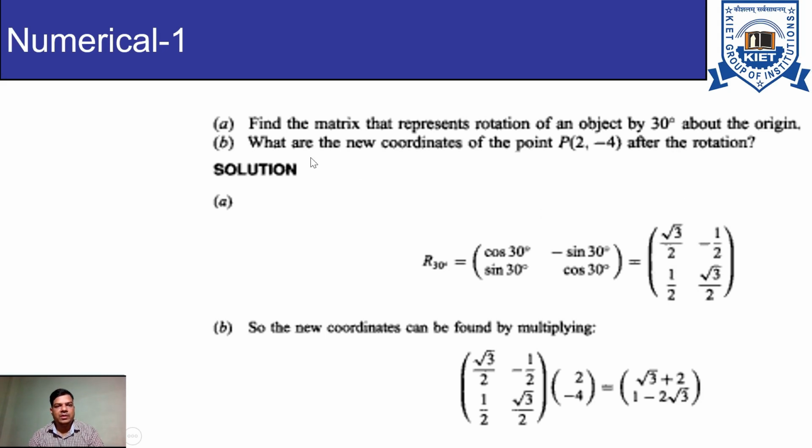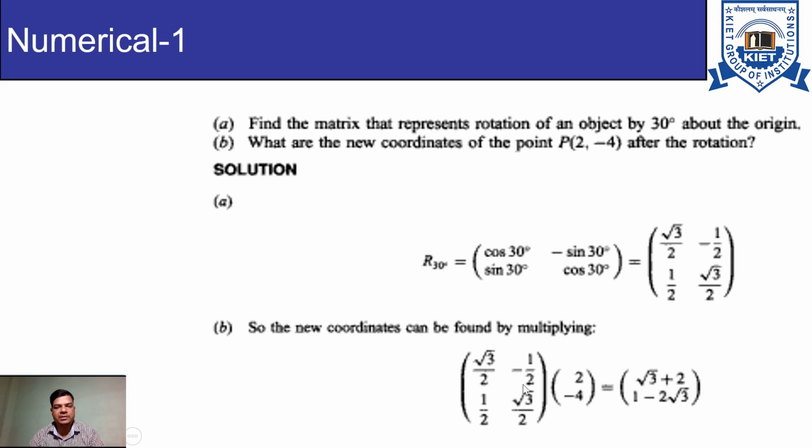Now the second question is: what are the new coordinates of the point P (2, -4) after the rotation? So we have one point P with coordinates 2 comma minus 4, and we have to rotate this point in the anti-clockwise direction by an angle of 30 degrees. We already have the matrix of rotation in which the angle is 30 degrees. So we have to multiply the rotation matrix with the object matrix, and the object matrix is a point.